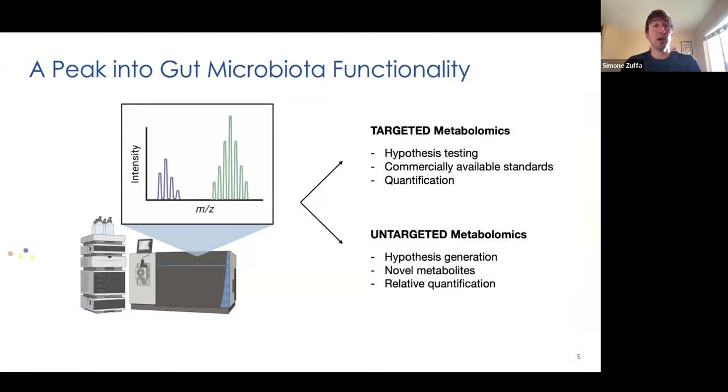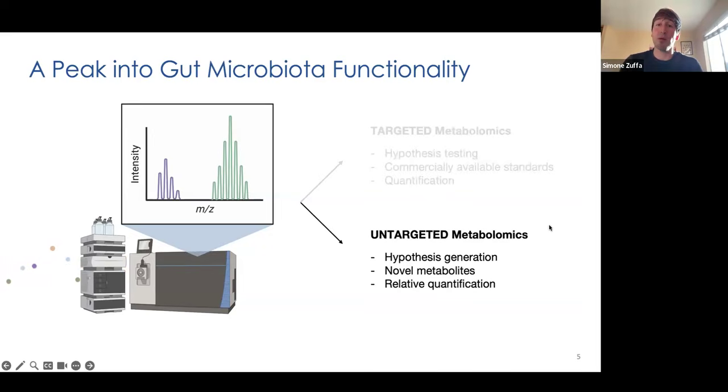So how do we study microbial functionality? Well, in our group, we mainly use mass spectrometry, and this field can actually be divided into two different branches. One is a more targeted approach that is used for hypothesis testing and quantification, but the main drawback is that it's mainly based on primary metabolites and commercially available standards.